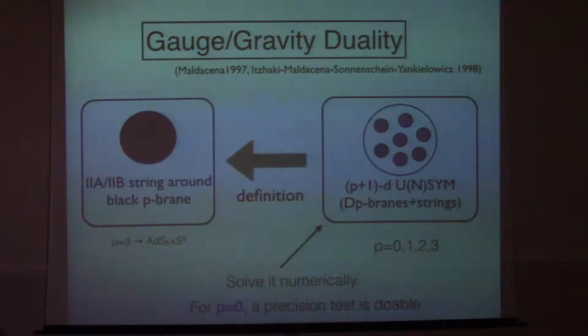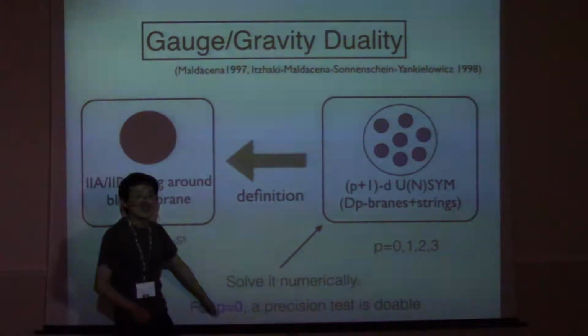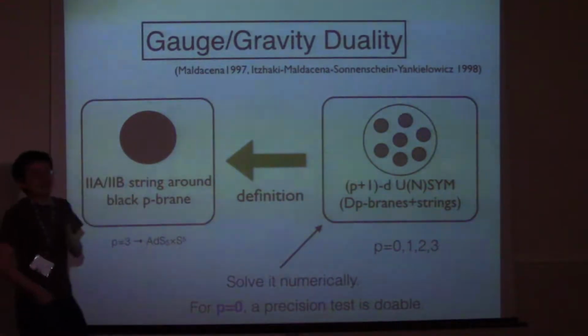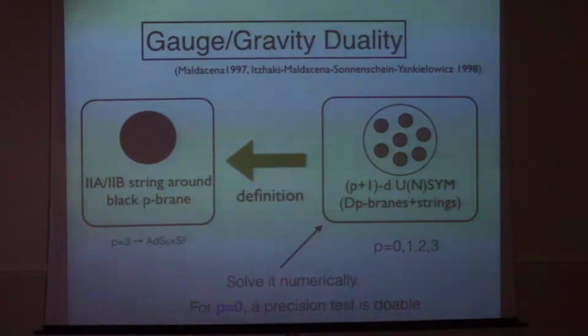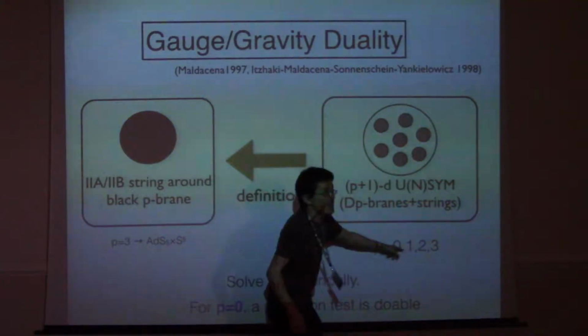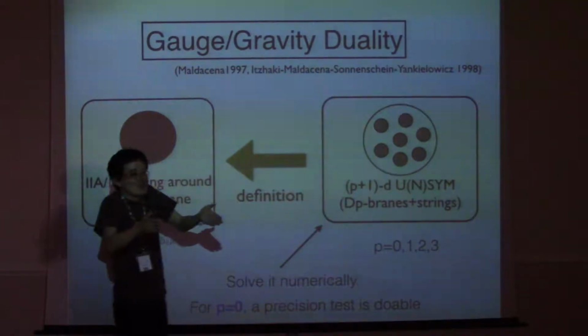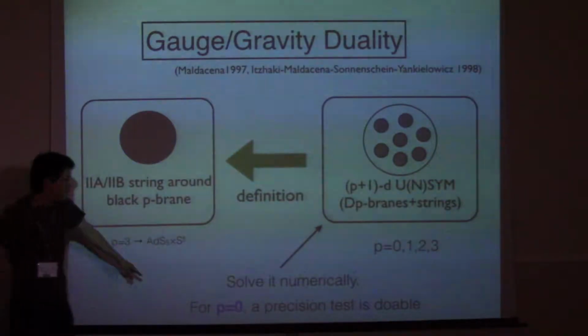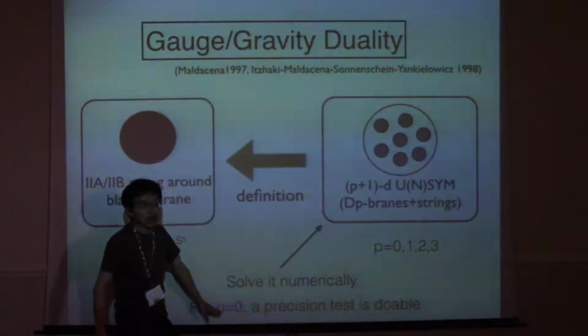And the reason that p equals 0 or smaller p is easy is very apparent. If you imagine you approximate three-dimensional space using a lattice, if the volume becomes bigger, you need a lot of points. But if you have only 2 dimensions, 1 dimension, or even fewer, you just need fewer points. In p equals 0, this is not even a field theory.